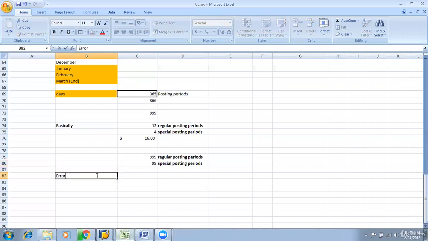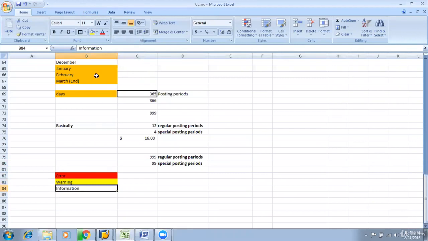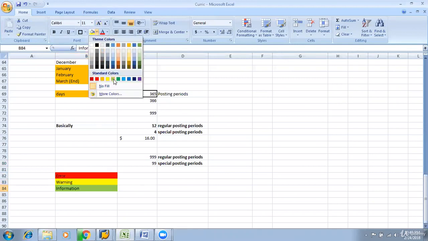Let me just tell you here. Warning and information. Basically, errors are in red. Warnings are in yellow or an amber color. Information is basically in green.